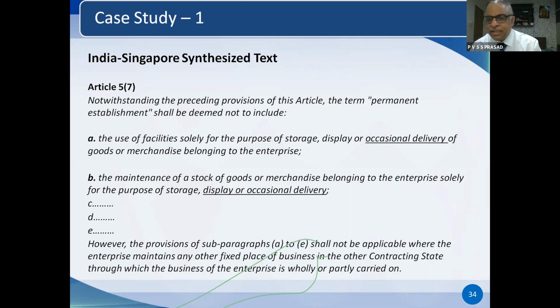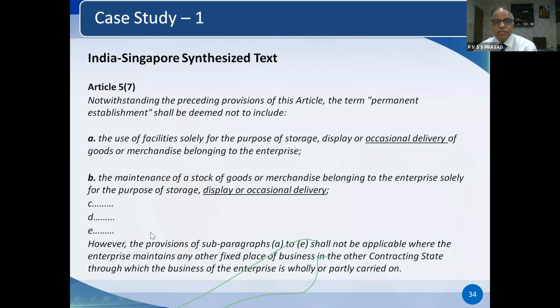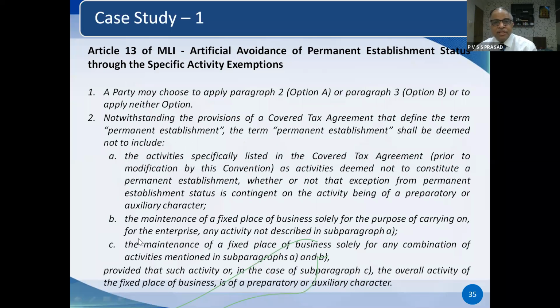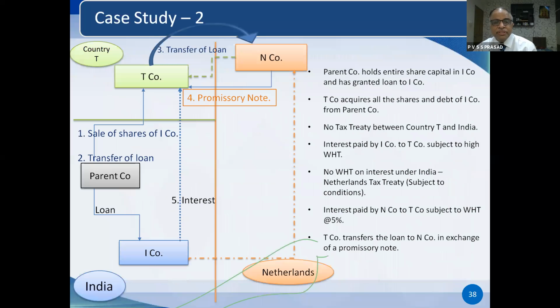If it is a regular delivery, then it is liable for tax in the country where it's happening. So in a source country like India, a Singapore company having its web portal, online business would get taxed to the extent the business is recorded with the Indian customers. That is the essence of the first case study which I have brought in here.